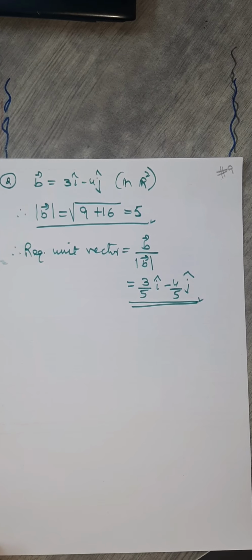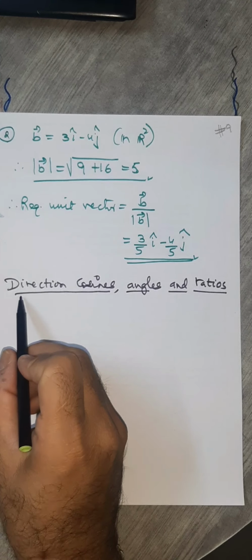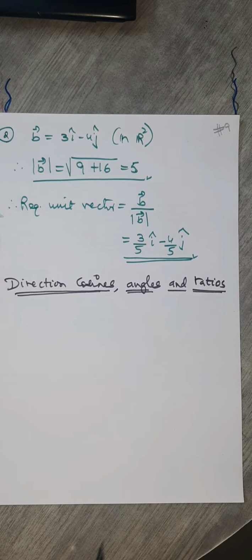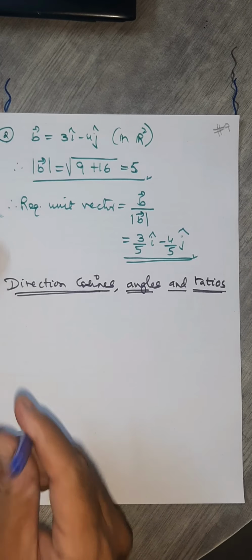Fine. Now with this concept we define three things here. So now we write direction cosines, direction angles and direction ratios of a vector. Here we start with a non-null vector.